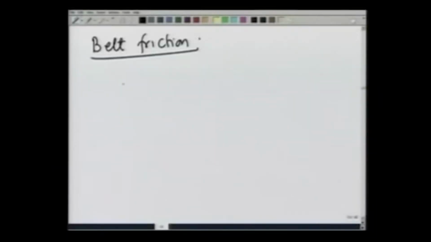Next, we consider a different kind of friction, a case which is known as belt friction. In this case, we consider if a belt or a rope goes over an object which is rough, so that there is a frictional force possible between them. What is the maximum possible value of this frictional force?